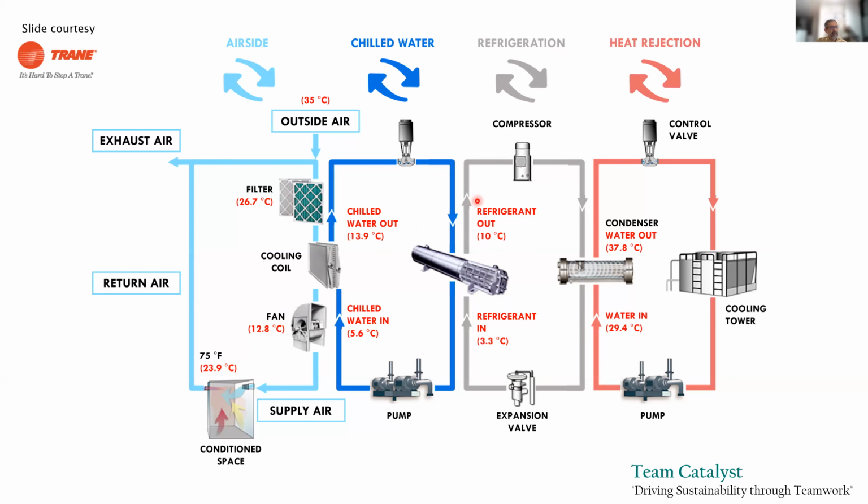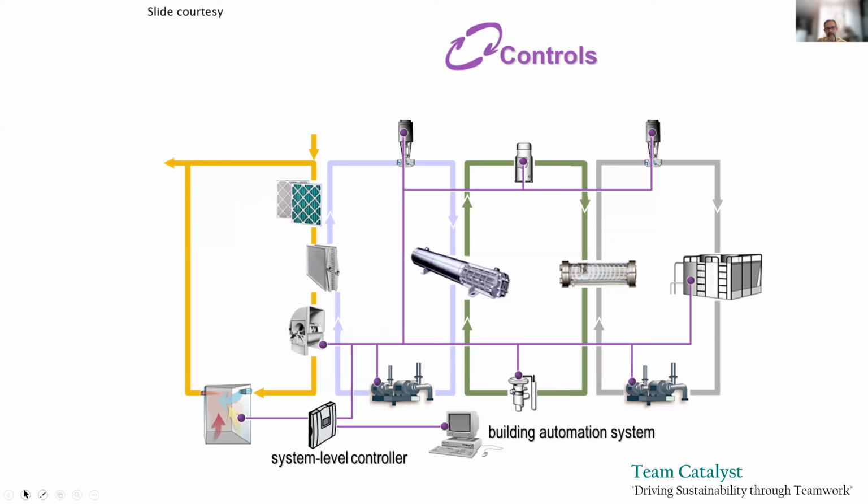The chiller has a refrigerant cycle in it. And to cool the chiller, you have a cooling tower. So essentially what you're doing is taking heat from an already cool zone, passing it through all these loops and chucking it out into the atmosphere. Now, there is one additional loop that is quite important for us as energy simulators, and that's the control loop. And I'll talk to why this control loop is important in a second.